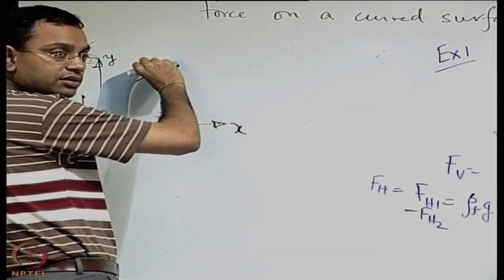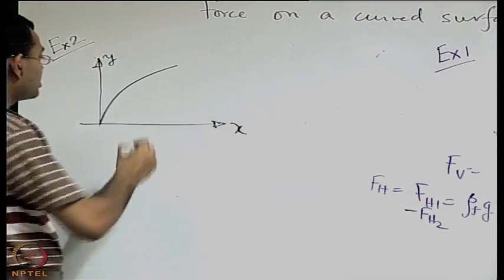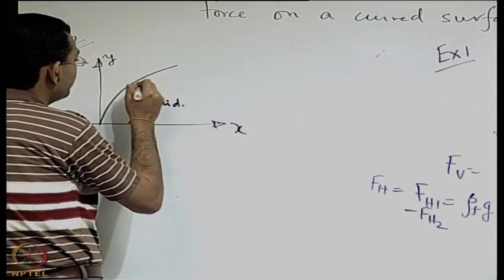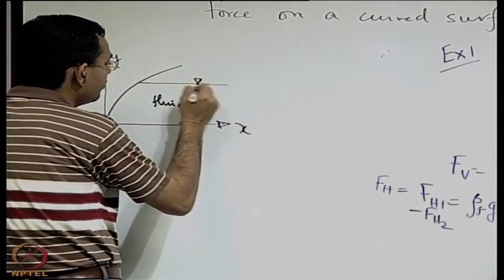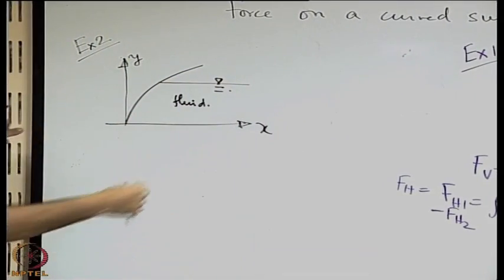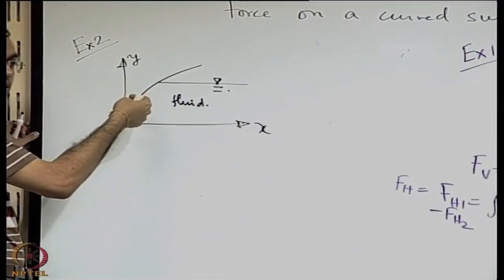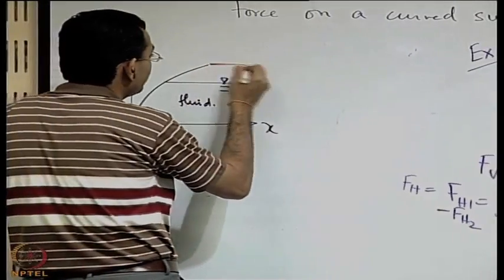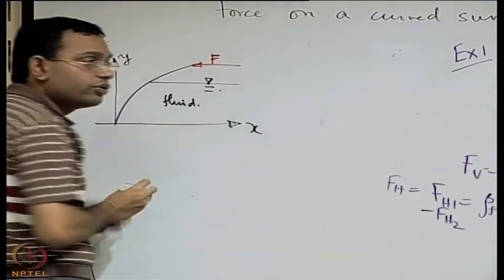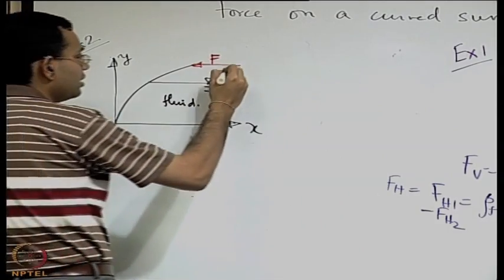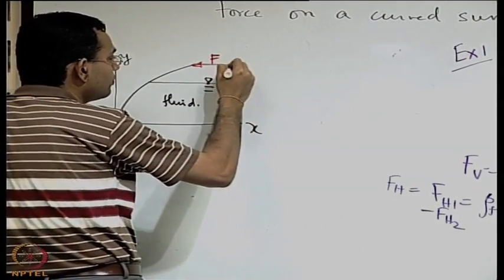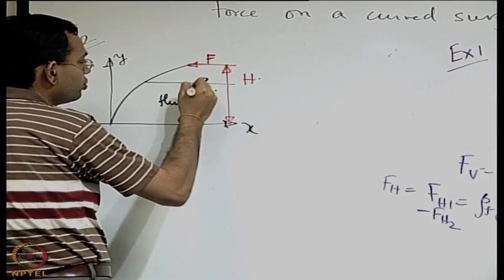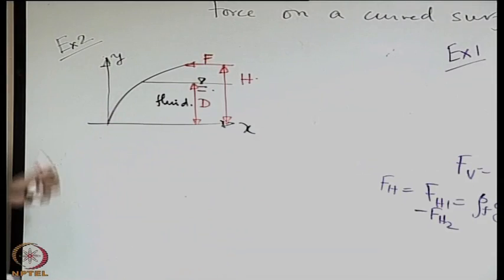There is fluid on one side of it, say on this side, and there is a free surface of the fluid given by this. This fluid tries to exert some force on this curved surface, and there is some balancer. So, there is some external force which is applied here to keep it in equilibrium, and the location of this external force is given by this h, and the depth to which this fluid is filled up is capital D.